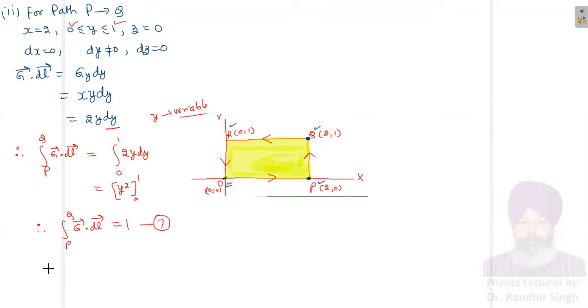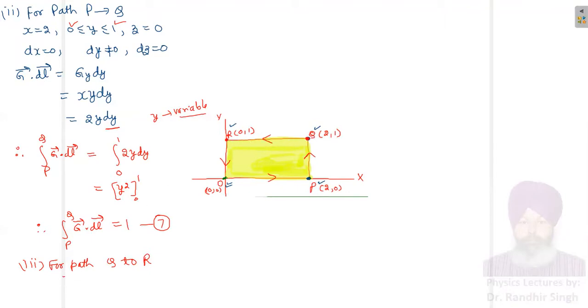So next is path Q to R. Now you can very easily see at Q the value of x is 2 and at R the value of x is 0, and from Q to R, y always remains equal to 1.